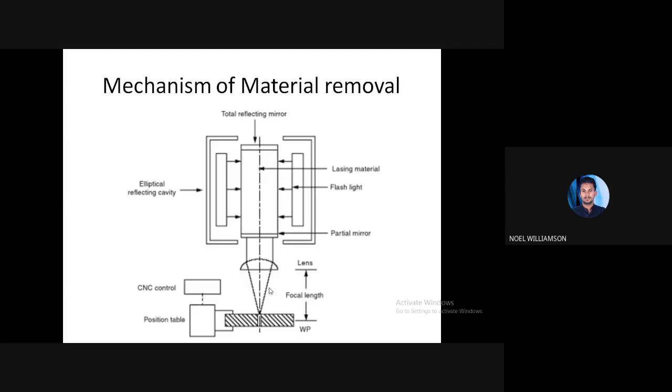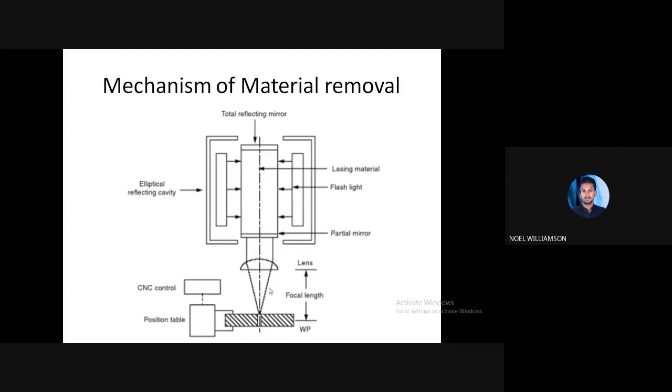As you can see here, by focusing the parallel coherent laser beam to a highly localized, small area, there will be a rise in temperature, due to which the metal at that portion will melt or get vaporized, and it will be cleared off. So this is the mechanism of material removal in the LBM process, or laser beam machining.